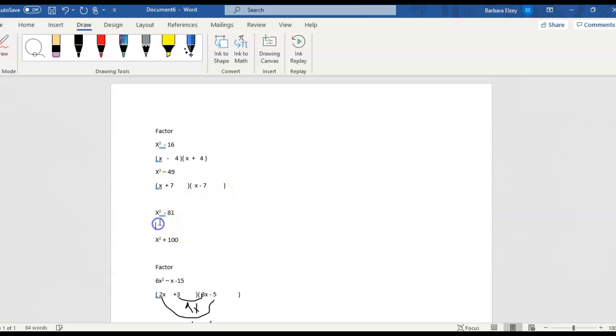All right, well, again, let's notice two perfect squares with a minus sign in between. Well, again, x and x. And then our square root of 81 is 9. And we need one of each sign. So it doesn't matter, plus and minus.